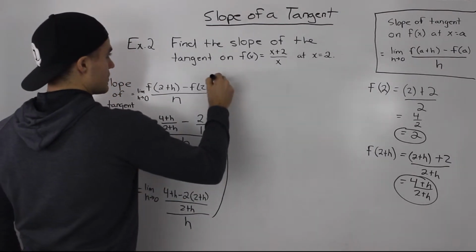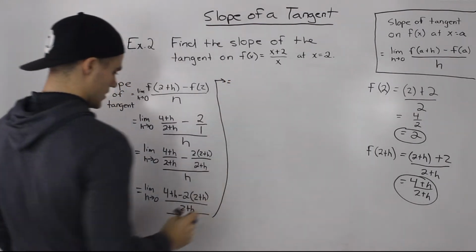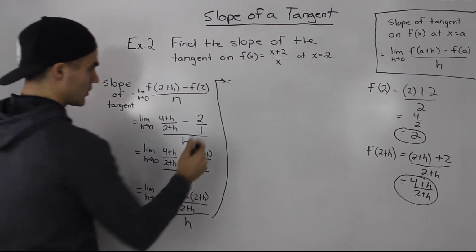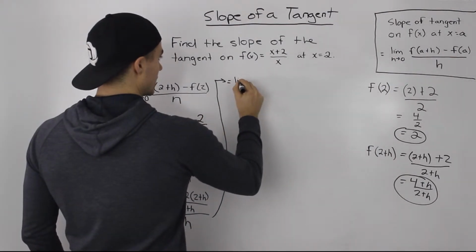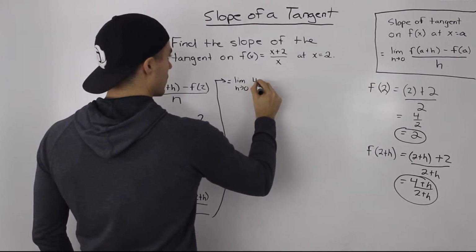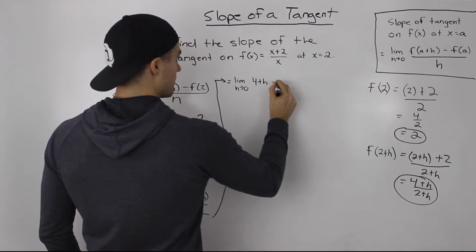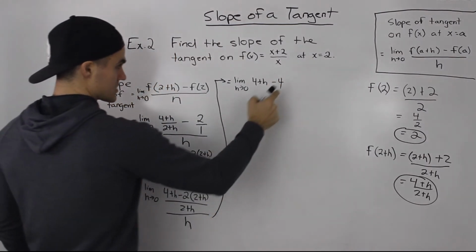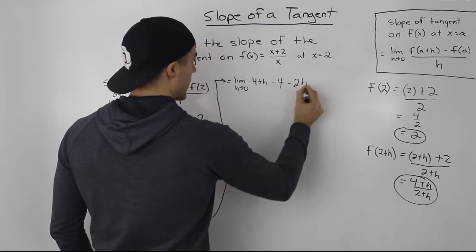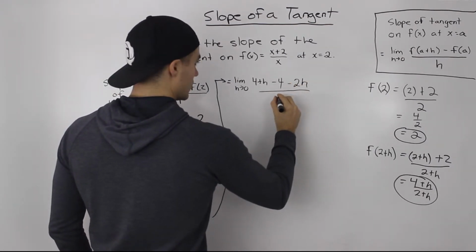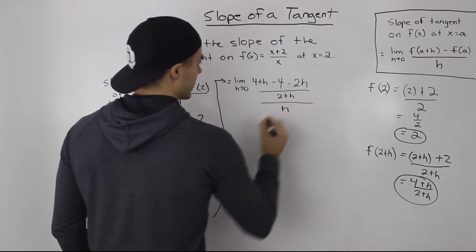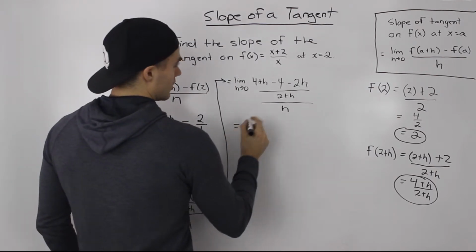And let's continue this question right here. So let's distribute the negative 2 inside the bracket in the numerator. So the limit as h goes to 0 of 4 plus h minus, negative 2 times 2 is negative 4, and then negative 2 times positive h is negative 2h, over our denominator, which stays there, all over h.